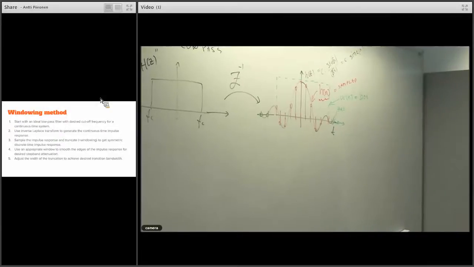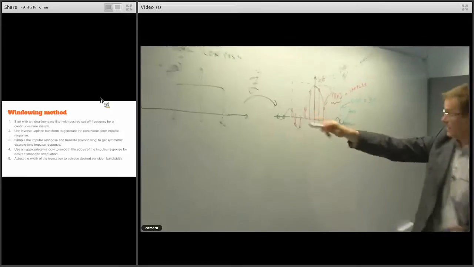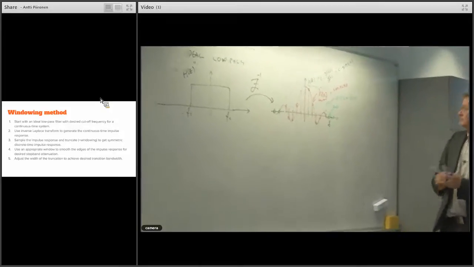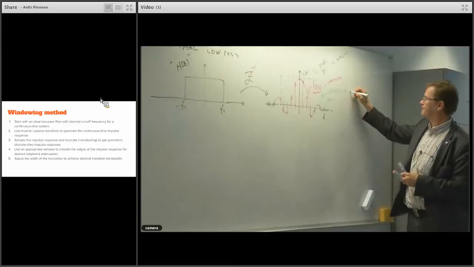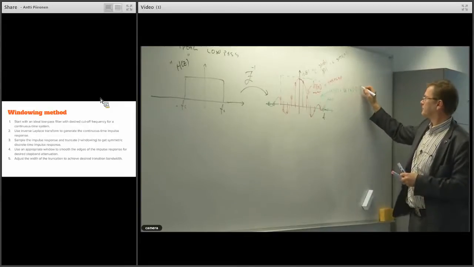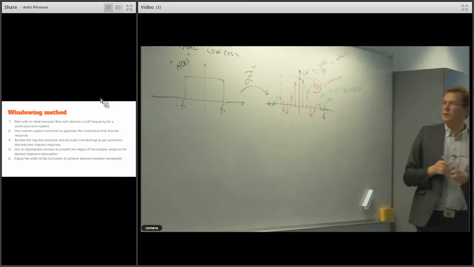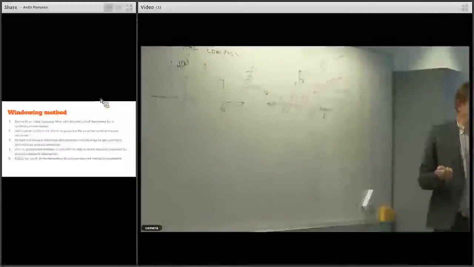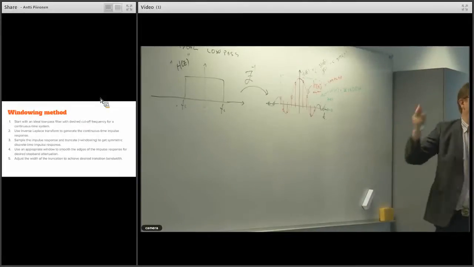Then we cut it. So we are doing truncation, impulse response truncation. And mathematically it means that we are windowing this sampled sinc. The last thing to do is to check what kind of response we got, since we did two things to it.